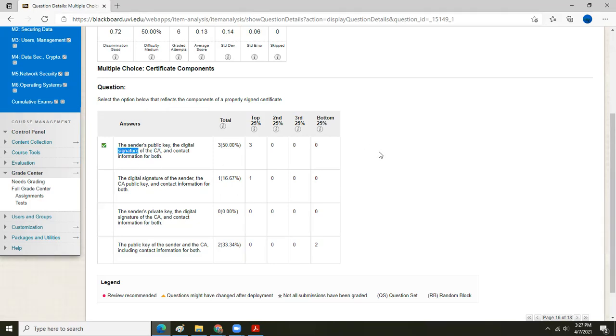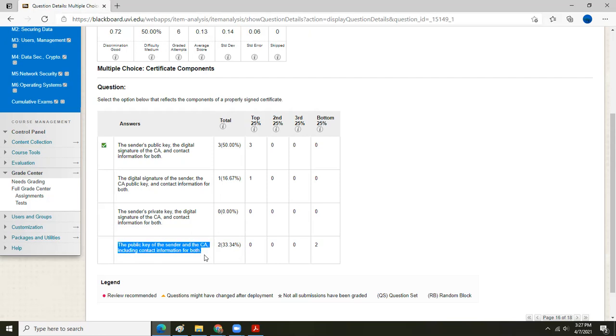So when you're ready to send somebody your certificate, basically the CA has to do a little more to turn it into a properly signed certificate. The rest of the answers here are bogus. This is the one answer that caused the most confusion.